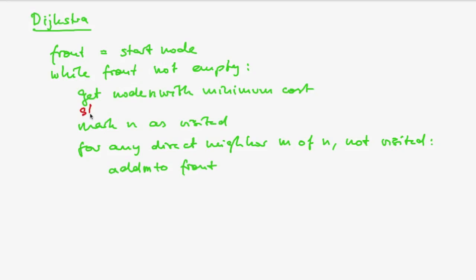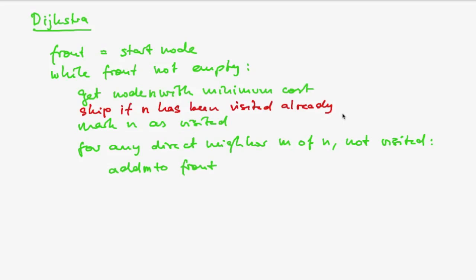So I have to skip the further execution if node n, which I just picked, has been visited already. So this is a trade-off. Down here, I don't have to search if this element is already in front, and if so, modify its cost. But up here, I have to add a line that prevents me from looking at nodes twice.